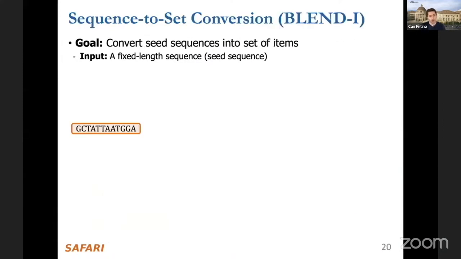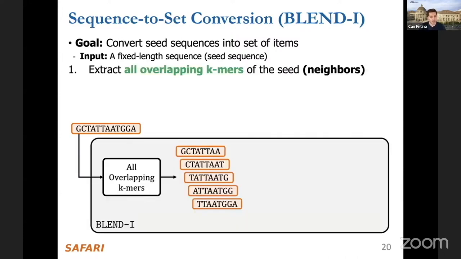So I'll now go over the Blend I technique, one of the techniques that we use to identify the set items from seeds. The goal is to convert seed sequences into a set of items. Here, the input is a fixed length sequence, for example, a seed sequence. And what we do in Blend I is extract all overlapping k-mers of the seed, which we call neighbors. Here, this could be one, let's say, minimizer k-mer that we would have picked.